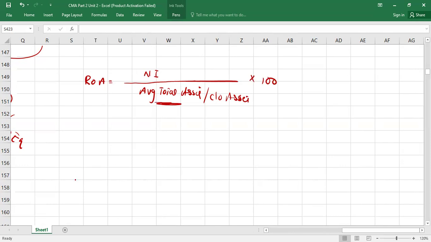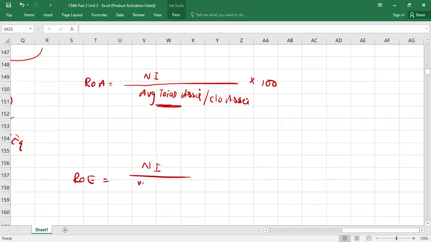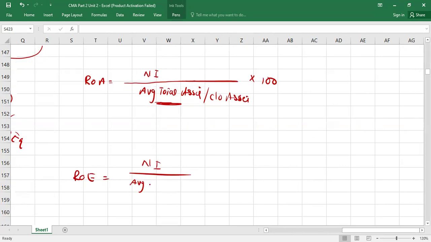And what is the formula for return on equity? Net income divided by average total equity, or closing equity, and multiply by 100. Average is needed if opening and closing equity are given. Otherwise, if only closing is given, just use closing and multiply by 100.